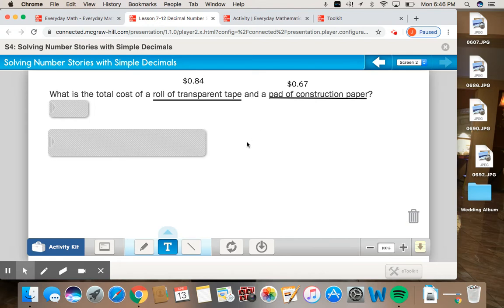So you can go ahead and change both of those to a fraction, or you can add them as decimals. So why don't you pause the program and go ahead and solve the way that you want to solve them, whether keeping them as decimals and lining them up, or changing your decimal amounts into fractions. So go ahead and pause the program, figure that out, because I'm going to go ahead with the result.